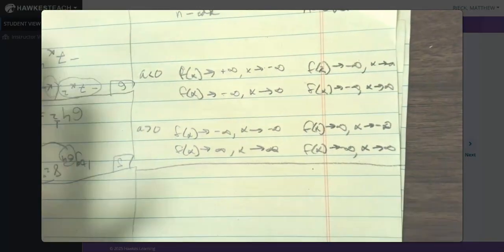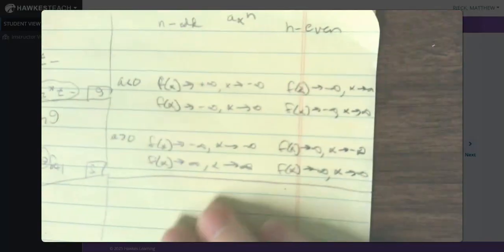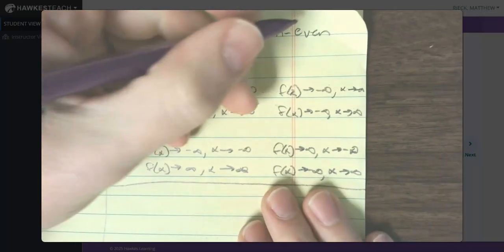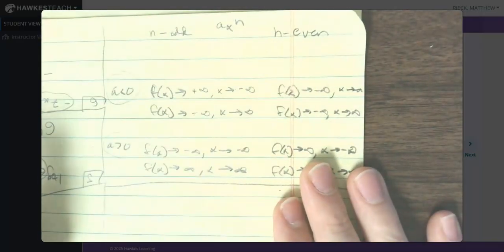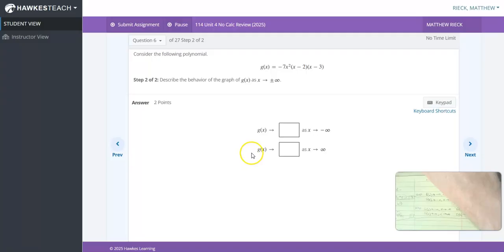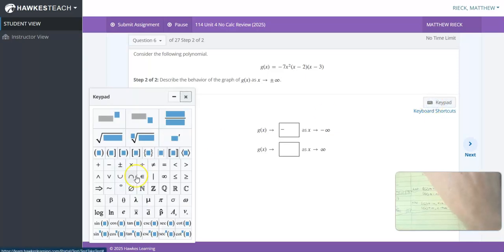So yeah, in this case, my leading term is negative 7x to the fourth. So my a is negative, and my n is even, x to the fourth. So that means it's going to approach negative infinity from both directions. Negative infinity and negative infinity.